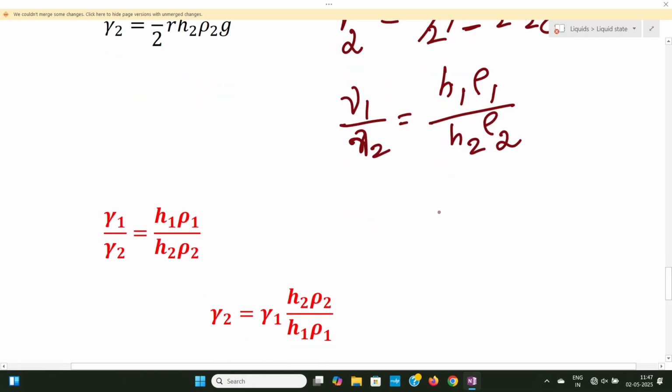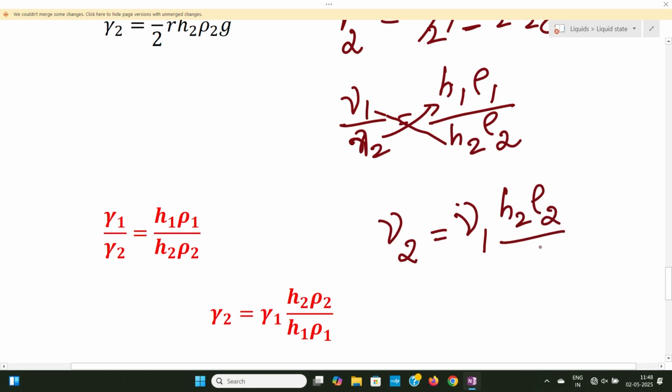If we want to find out gamma 2, that is the surface tension of the second liquid, we can cross multiply, then the equation will be gamma 1 into h2 rho 2 by h1 rho 1.